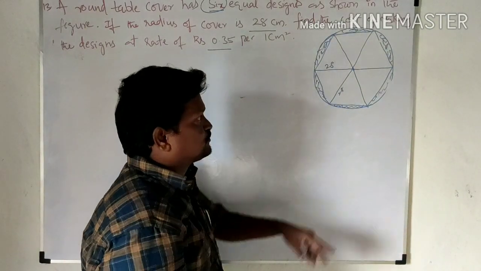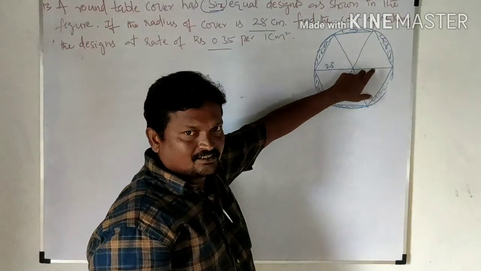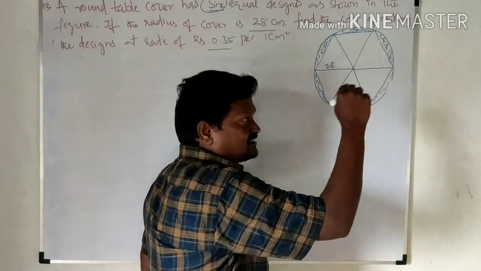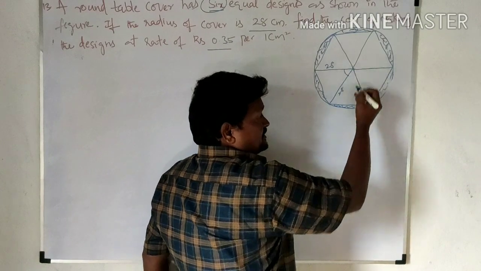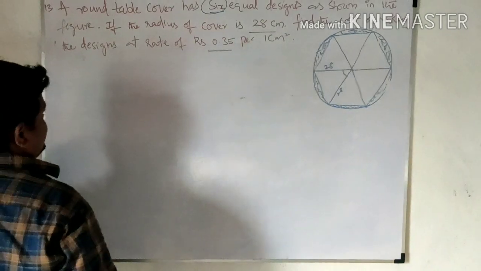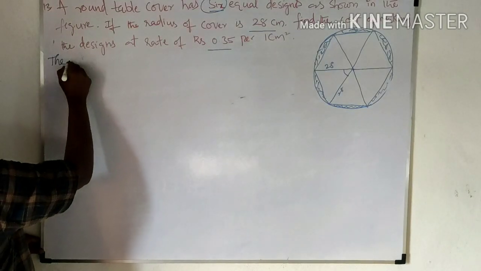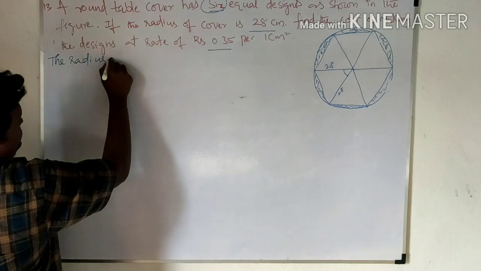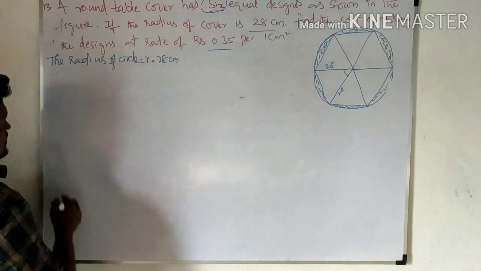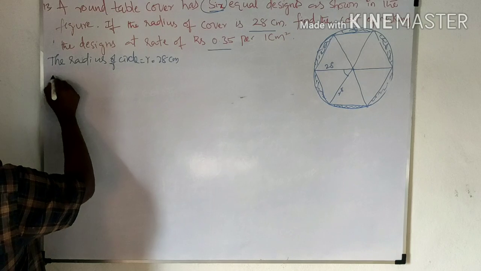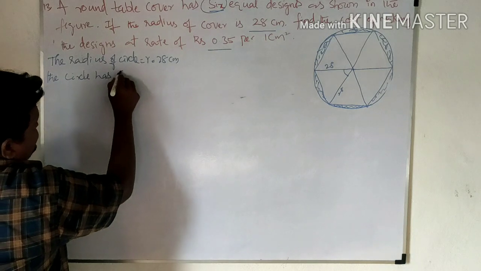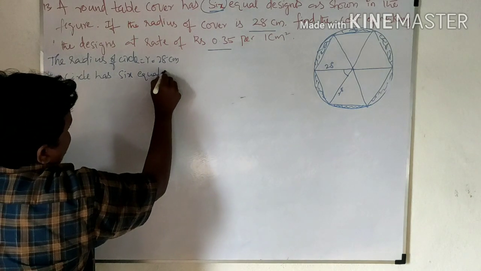this circle will be divided into 6 equal sectors. The total angle is 360 degrees, so 360 by 6 will be the angle in each sector. The radius of the circle is R equal to 28 centimeters, and the circle has 6 equal designs.